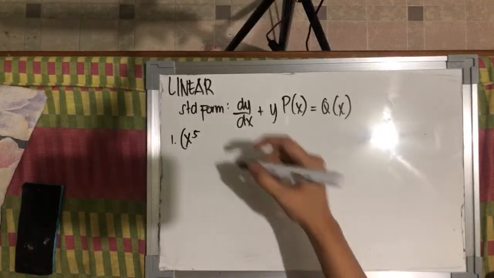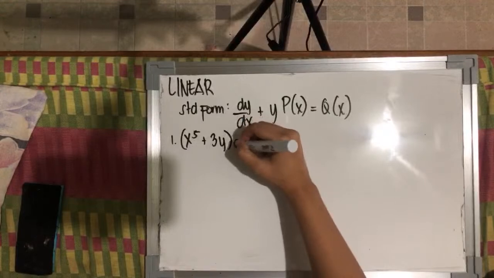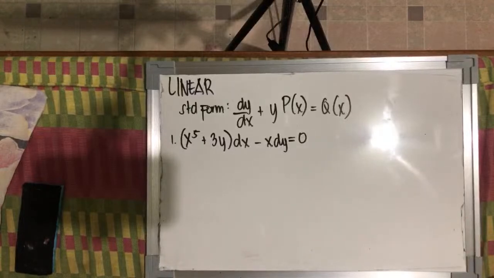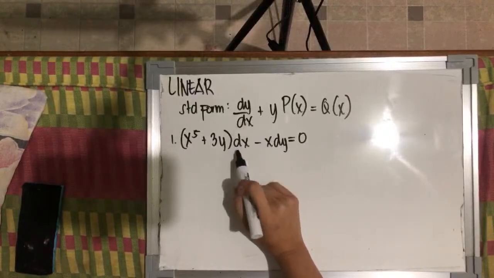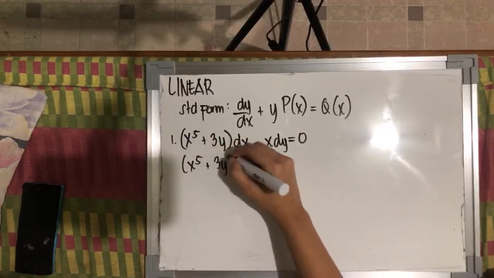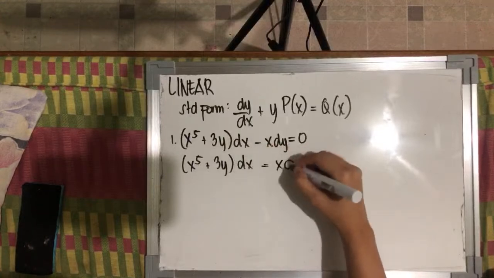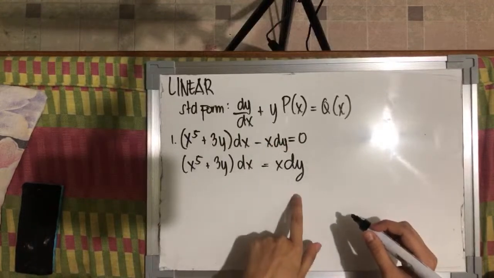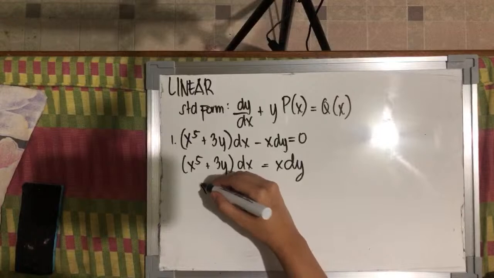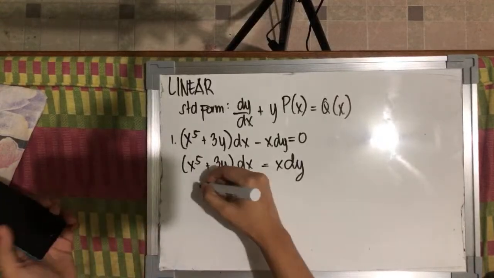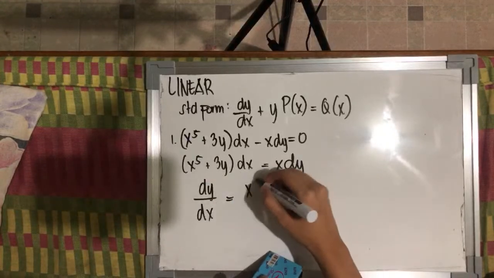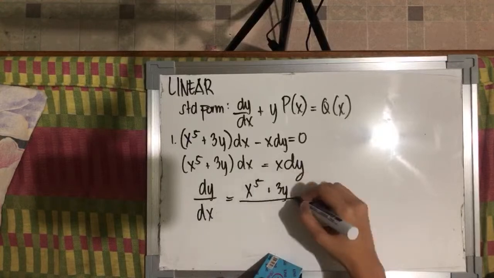x raised to 5 plus 3y dx minus x dy is equal to 0. I'll try to arrange it in this form. I'll transpose this to the other side, x dy, then move it down. It becomes dy over dx equals x raised to 5 plus 3y over x.